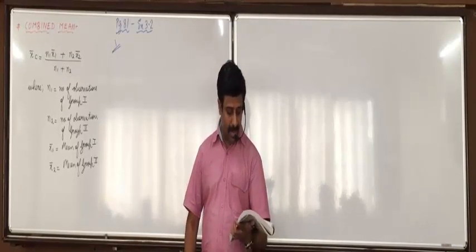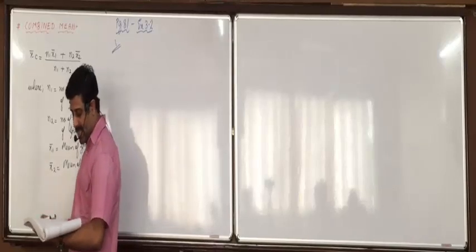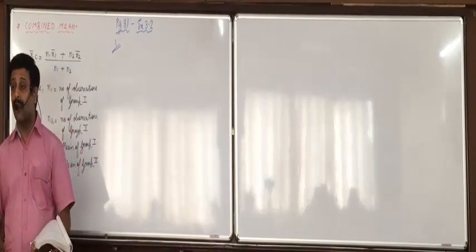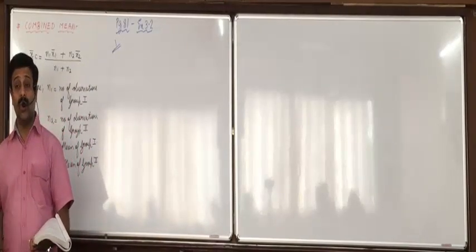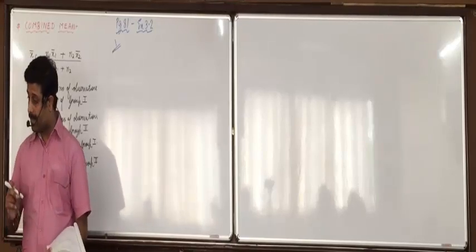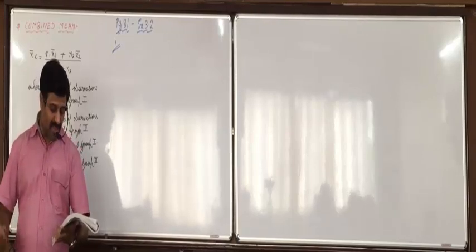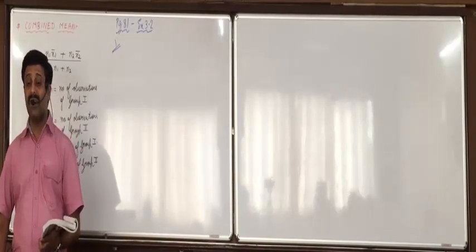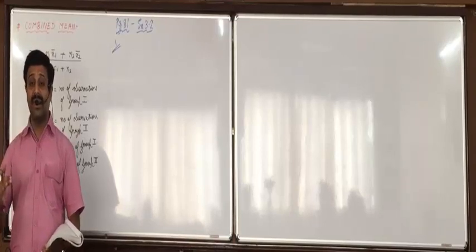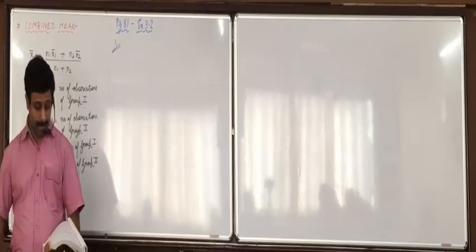Same way, the mean daily wages of 75 skilled workers was rupees 280. So 280 is the mean of skilled workers, that is X1 bar. Same way, the mean daily wages of 125 unskilled workers was rupees 150. 150 is the mean of unskilled workers, that is X2 bar.